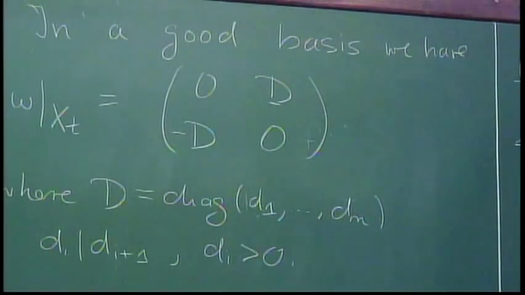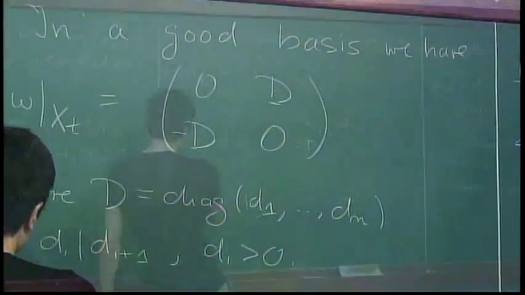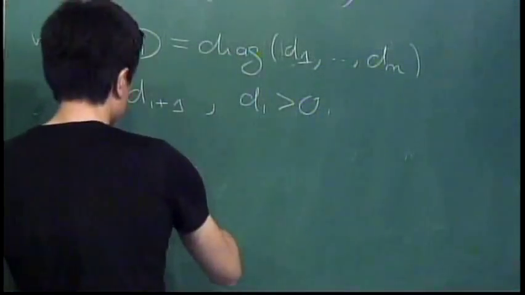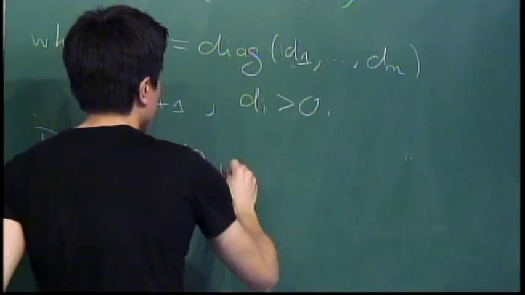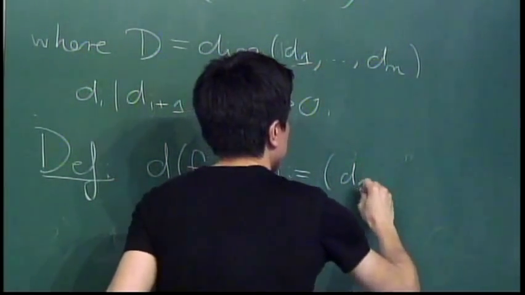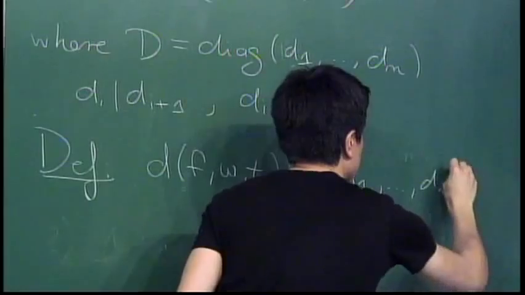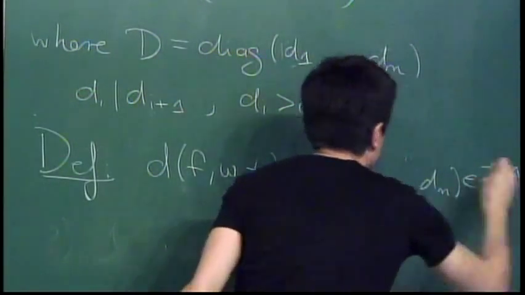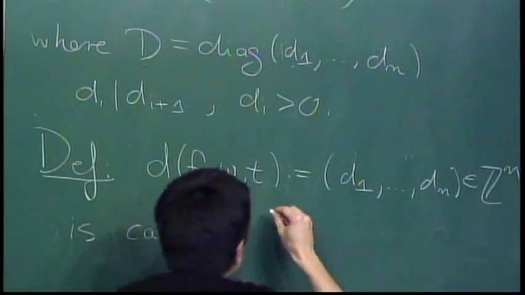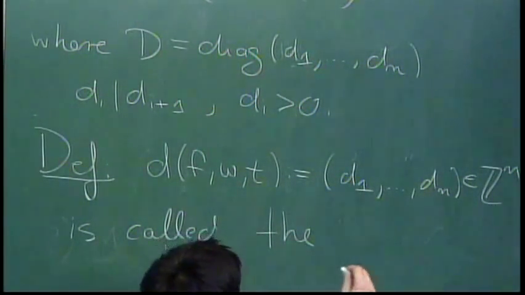This is just the general construction of the polarization type of a polarization on an Abelian variety. Now I make the following definition. d(f, omega, t), defined as precisely these integers, is called the polarization type of the Lagrangian fibration f: X to B.